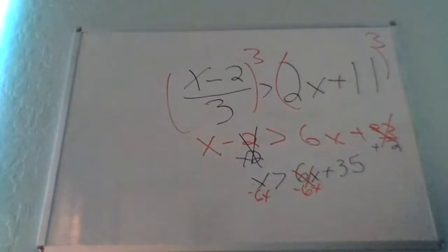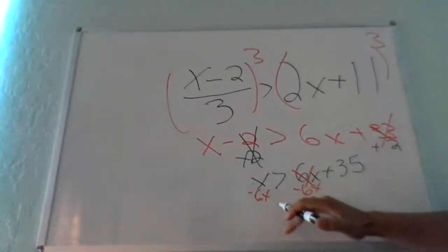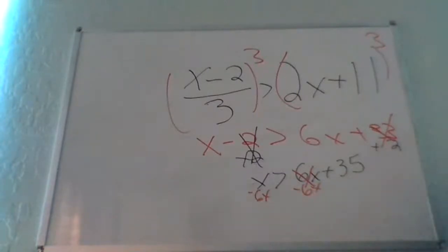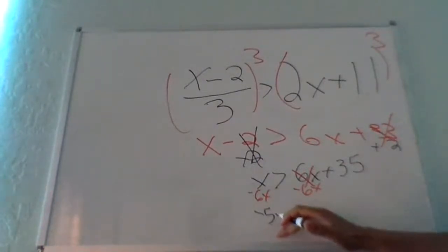Minus 5x. There we go. All right, say it. Go ahead. What does that give us? Minus 5x. What kind of 5? Negative 5. Negative 5x.